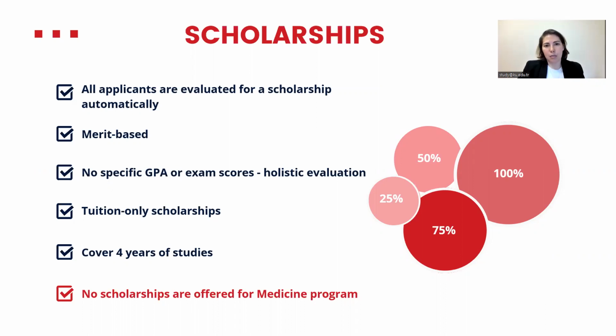So please keep that in mind, that if you receive an offer of admission, but your family are not sure that they can really afford the tuition with the scholarship or without a scholarship for 4 years, you should consider alternative options in terms of your admission offers, because there is no way of increasing a scholarship once you're a student. So we keep that in mind.